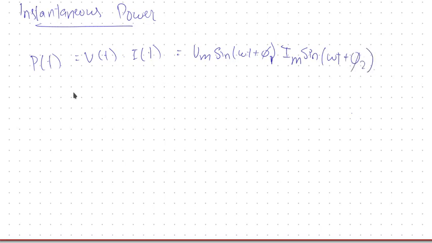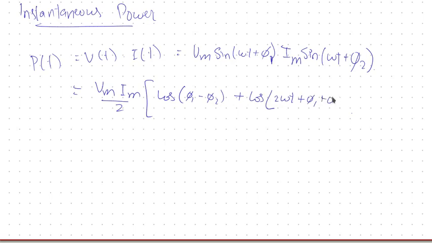Now with some basic algebra, this will turn out to be Vm Im by 2 times cos(phi 1 minus phi 2) plus cos(2 omega t plus phi 1 plus phi 2).